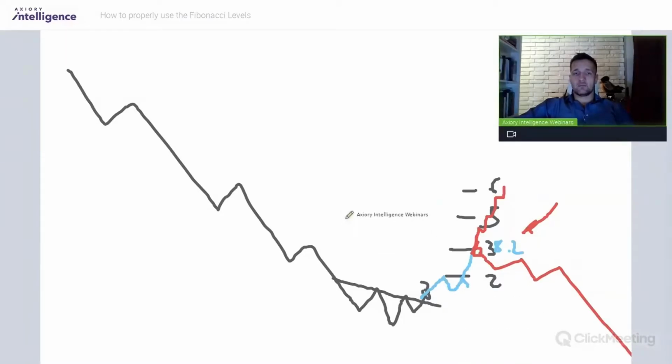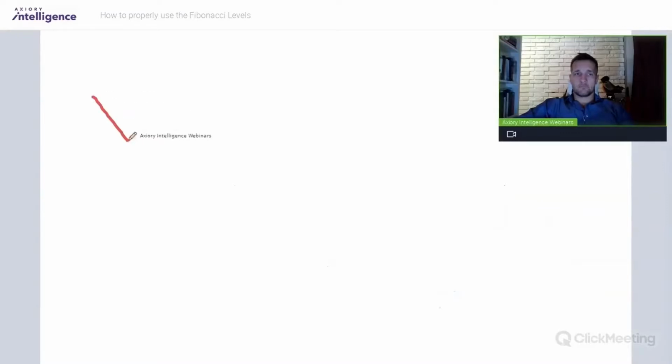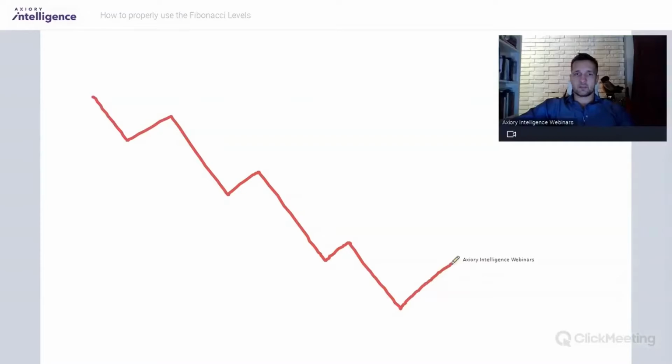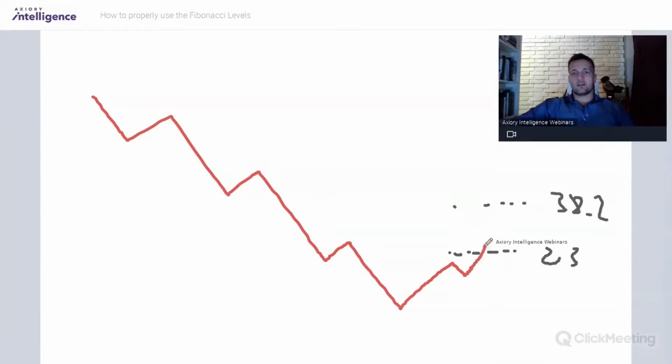Another important thing. You have a downtrend. The price goes higher. There is 23.6. There is 38.2. Price goes there, and then you think, oh no, 38.2 is gone, it does not work.